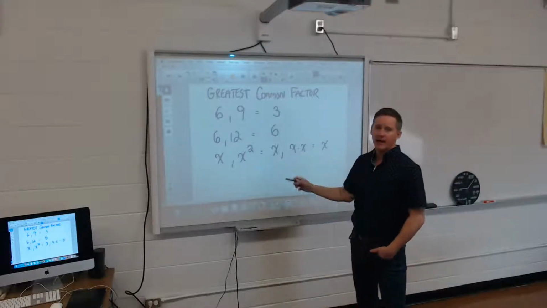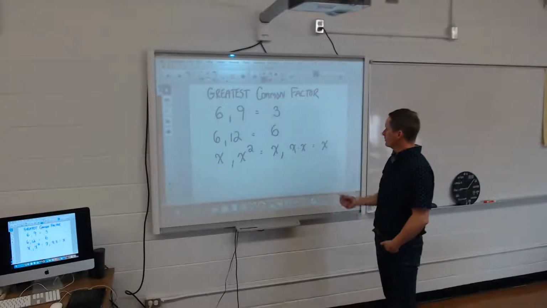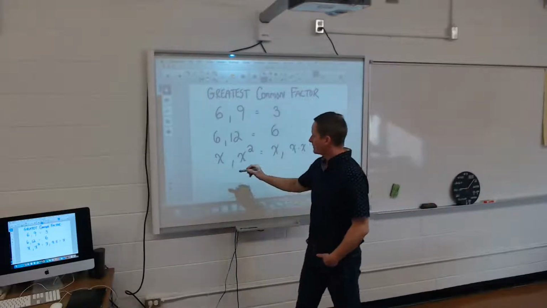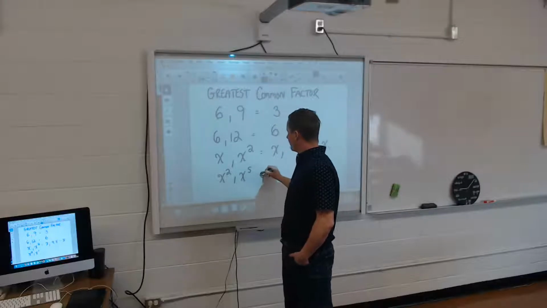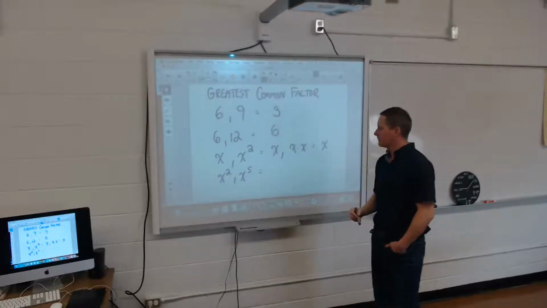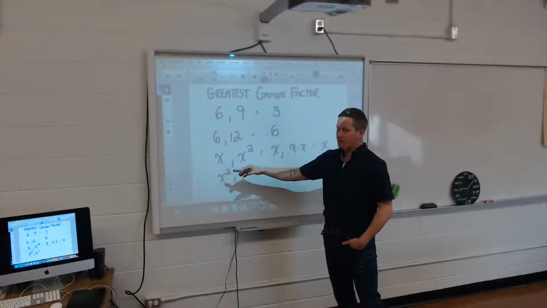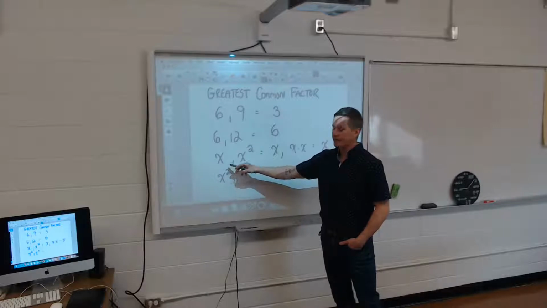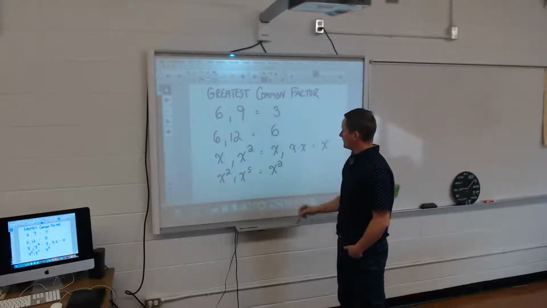X divides into x one time. X divides into x squared two times, okay, or x number of times. So if I have something like this, x squared and x to the fifth, all right, the greatest common factor that goes into both of them will be the variable with the smallest amount of the exponent, and that is x squared.